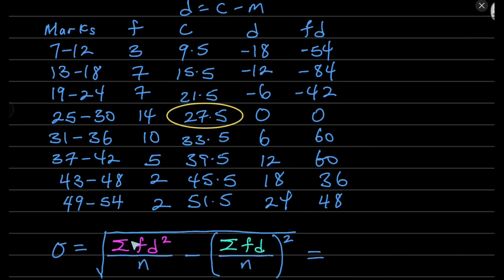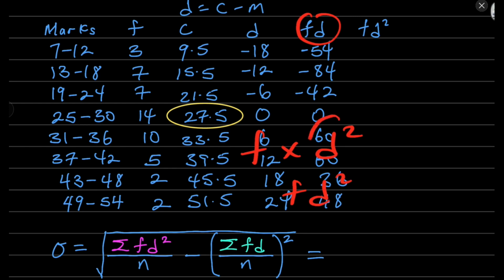So with FD, then we can get the FD squared column. How do we find FD squared? There are two ways we can find it. We can say F times D squared, which will surely give us FD squared, but that means you have to create another column for D squared, and that's going to waste your time.